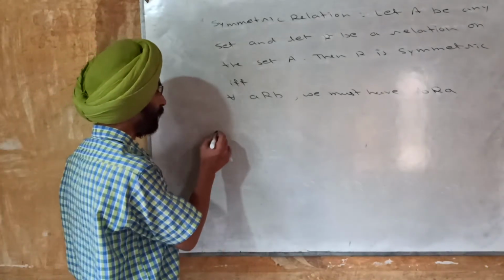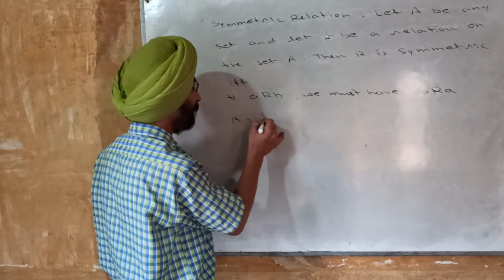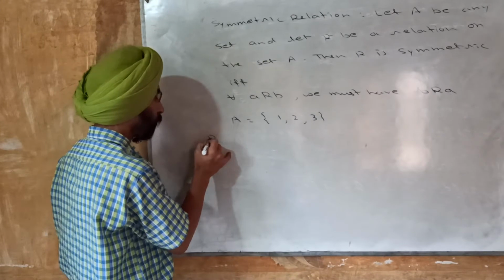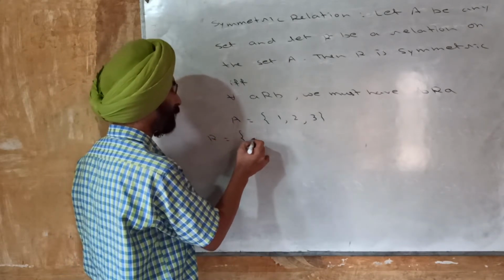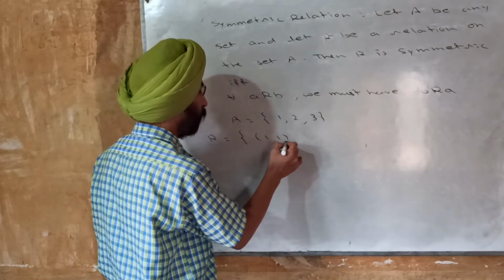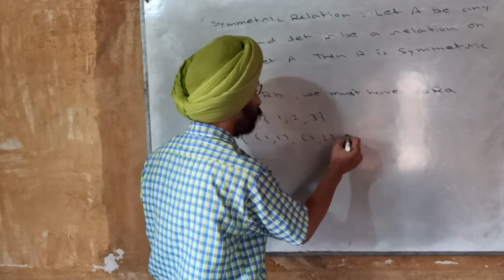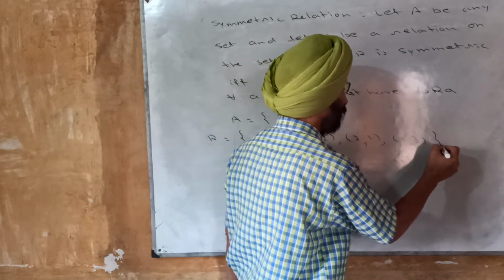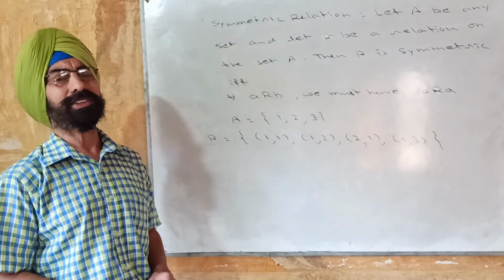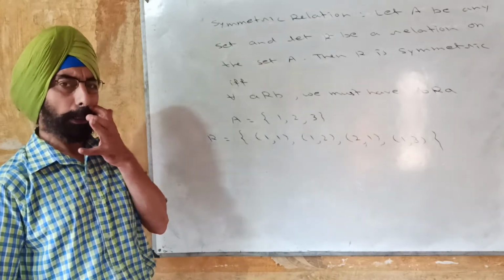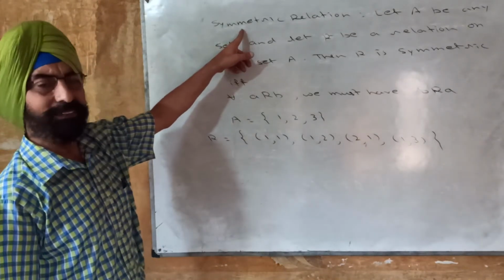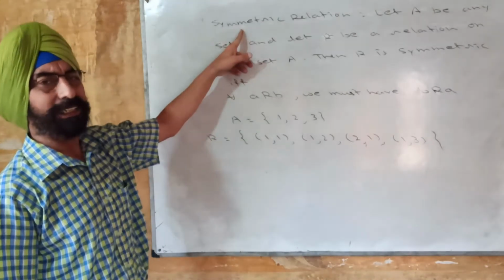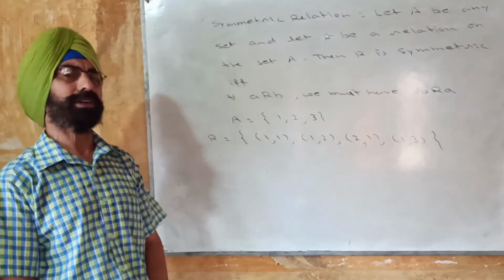So look at the example. Suppose A is the set {1, 2, 3}. So consider this relation R. Let this be the relation (1, 1), (1, 2), (2, 1), (1, 3). Let us discuss whether this relation is symmetric or not. As per the definition of symmetric relation, for every member a related to b, b must also be related to a.